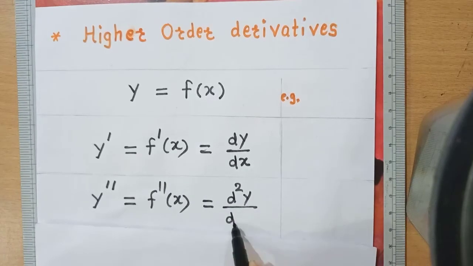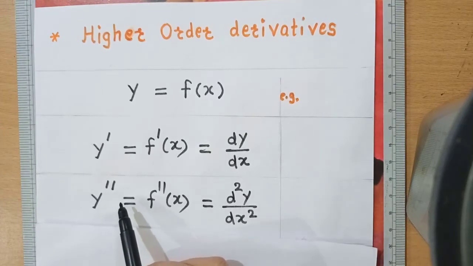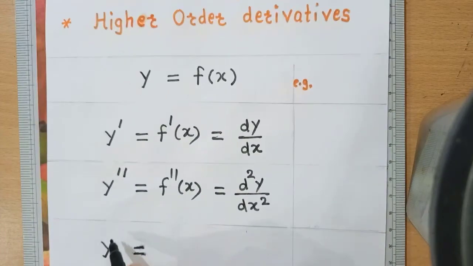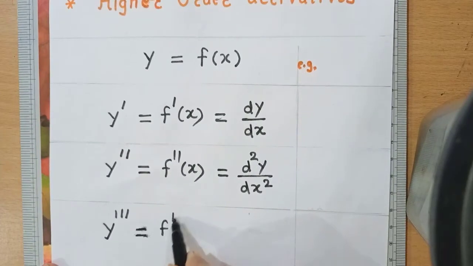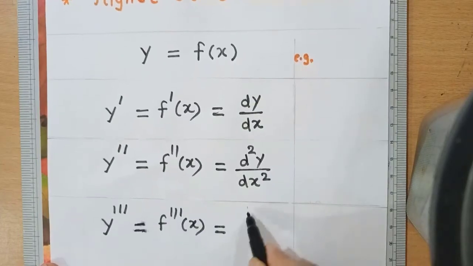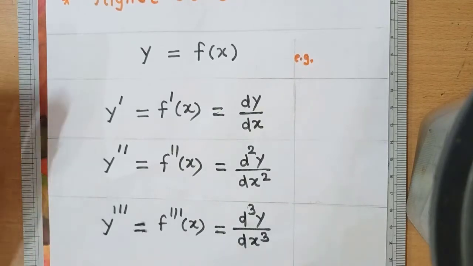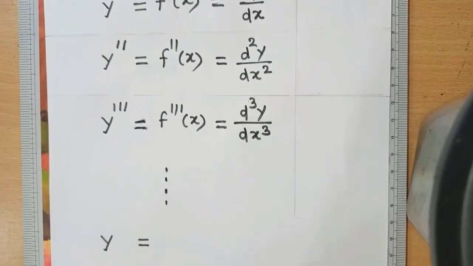And if this is a differentiable function of x, then its derivative is given by y triple dash. Here also you have to write f triple dash of x, and that is equal to d cube y by dx cube, and so on, differentiating the given function n times.